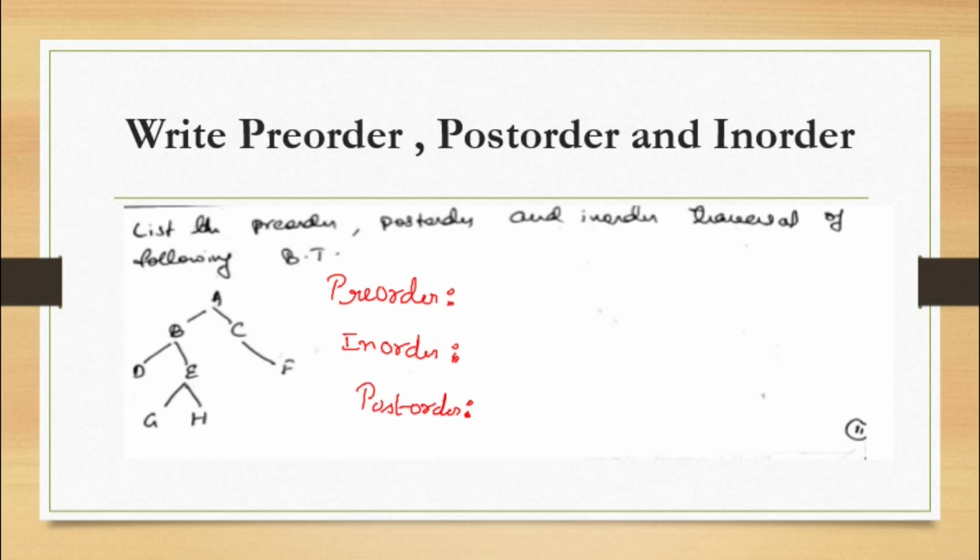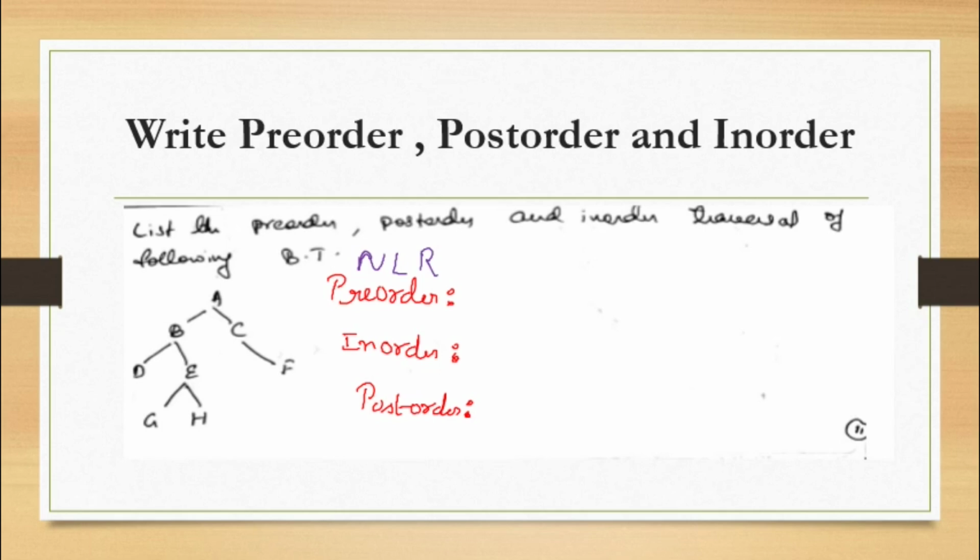So students, what does the rule of the pre-order say? The rule of the pre-order says that we need to visit the root first. I will represent root as N only, so it will be easy for you. Then we need to visit left, then we need to visit right.